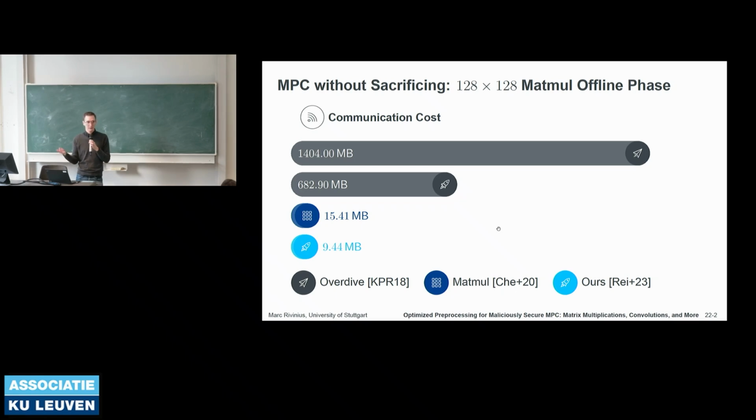And here we again look at how you would apply this for a matrix version, because the previous slide was for the scalar case, but you can use the same technique for matrix multiplication or convolutions. So again, you save around 2 times by doing the technique compared to the normal one, but also if you use some better packing for the matrices, you save a factor of 1.6 compared to the previous state of the art.